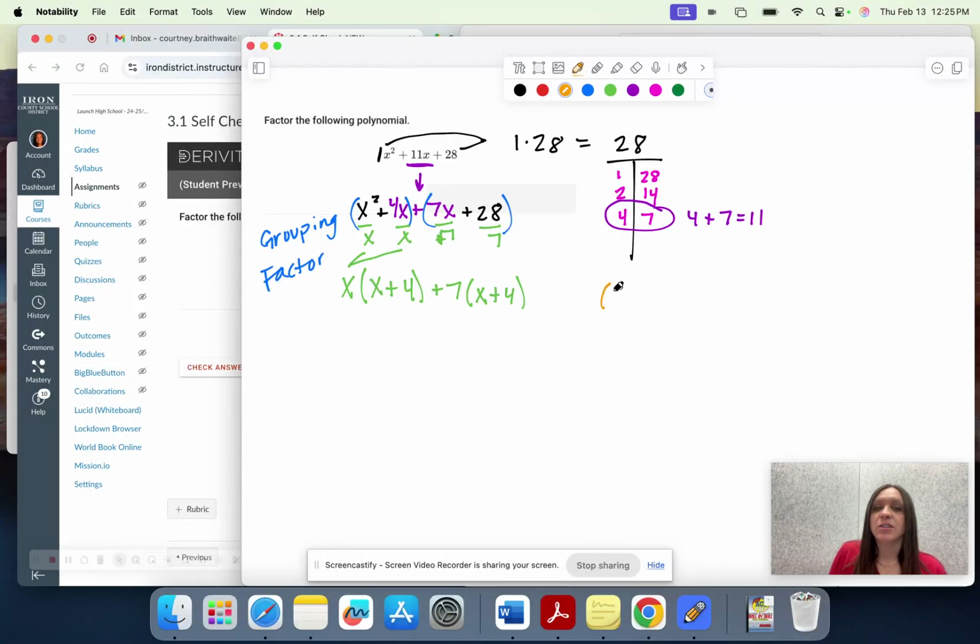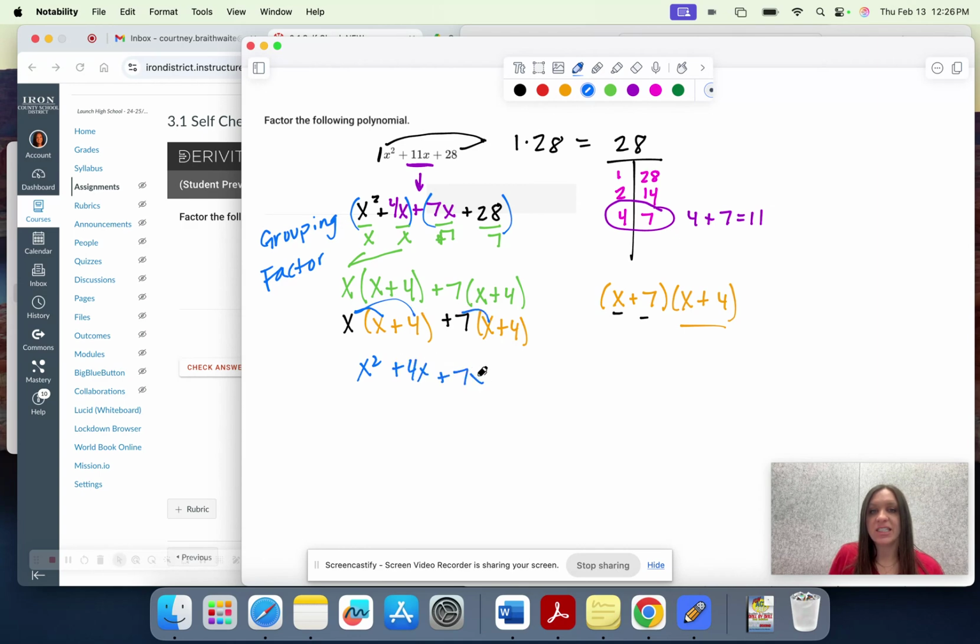If I were to multiply x plus 7 times x plus 4, remember you would split the first one like this, x plus 7, and then you would write the second binomial twice, like this. And then you would multiply. So x squared plus 4x plus 7x plus 28.